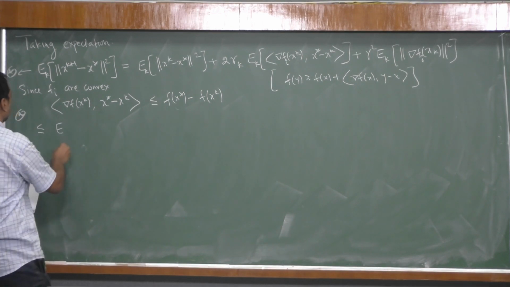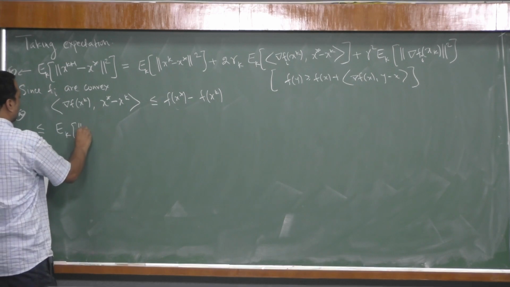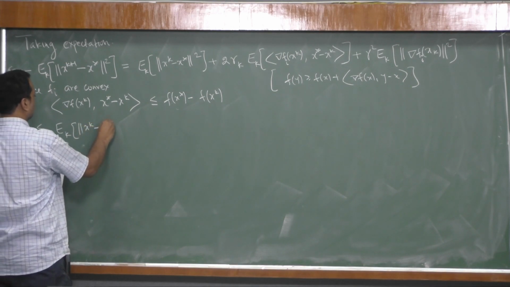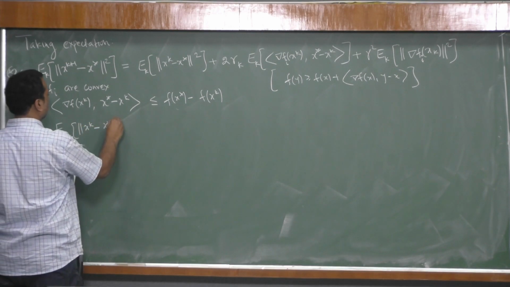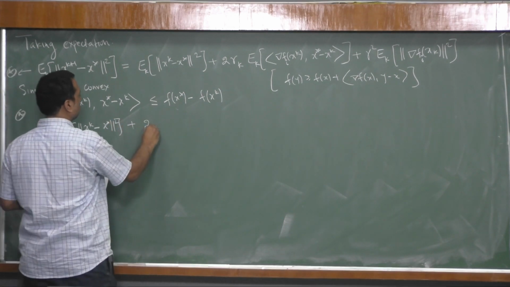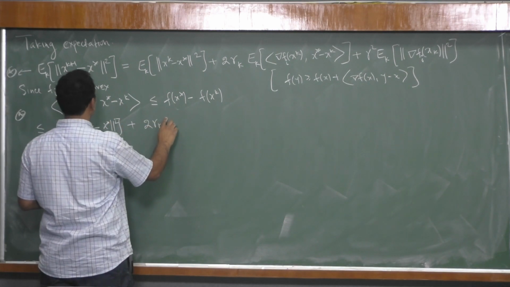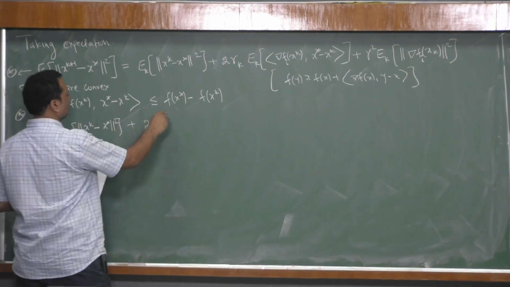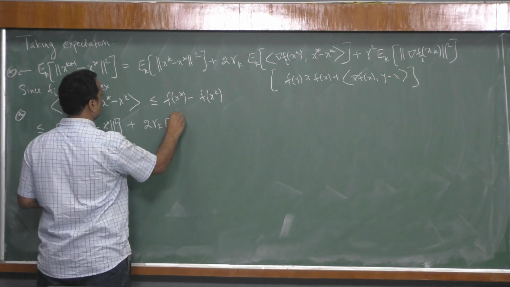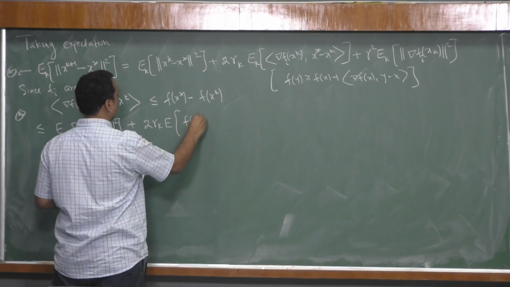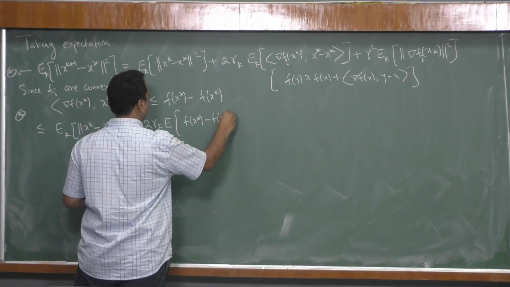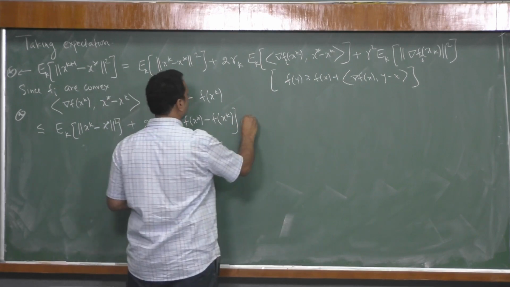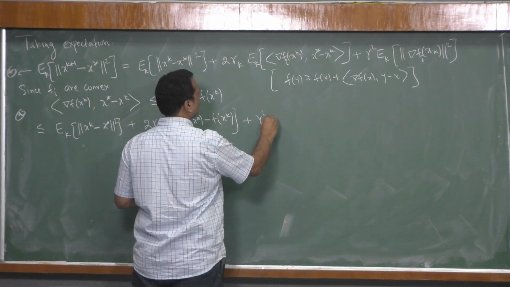Okay, let us do this first: norm of x_k minus x star whole square plus 2 gamma_k. We apply expectation on both sides, so this is now expectation of f(x star) minus f(x_k), plus gamma squared, and everything else remains the same.